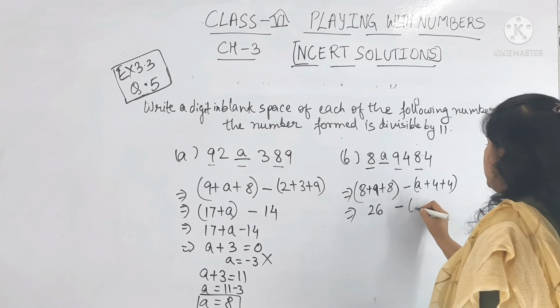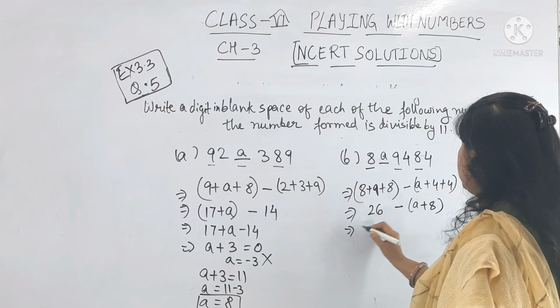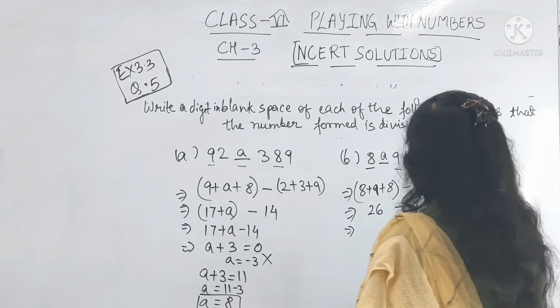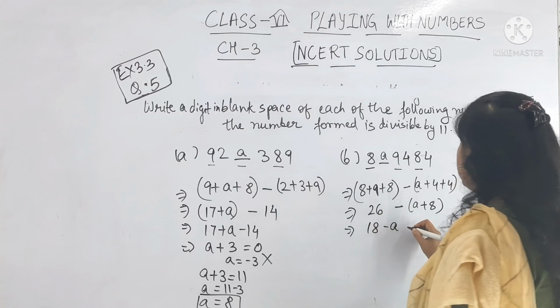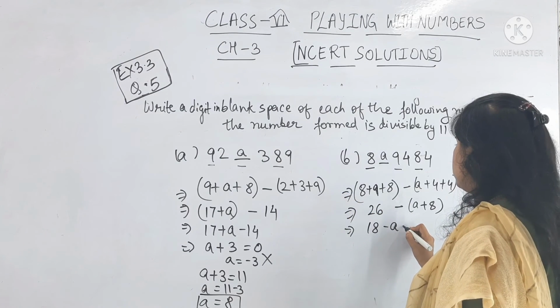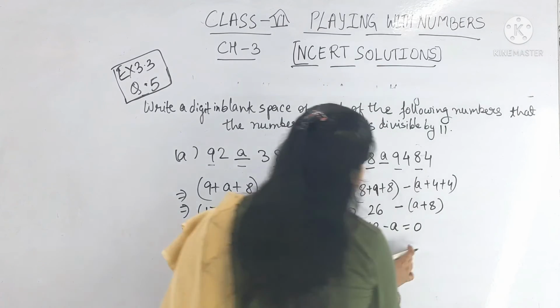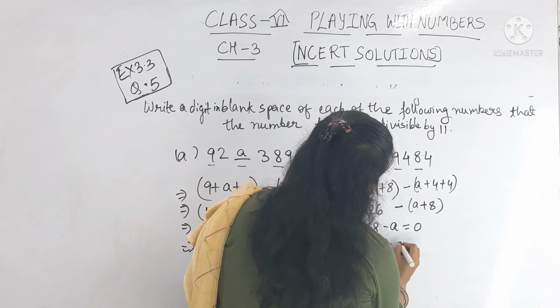Minus A plus 8. So 26 minus 8. So I am getting here 18 minus A equal to 0. Okay, so I will equate with 0. So 18 is equal to A.